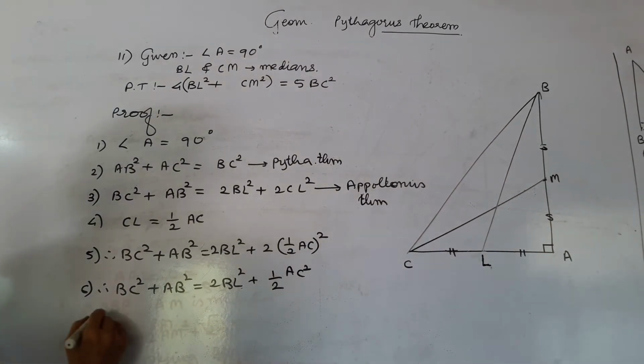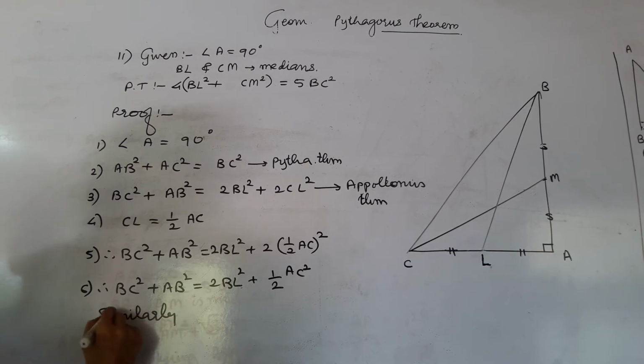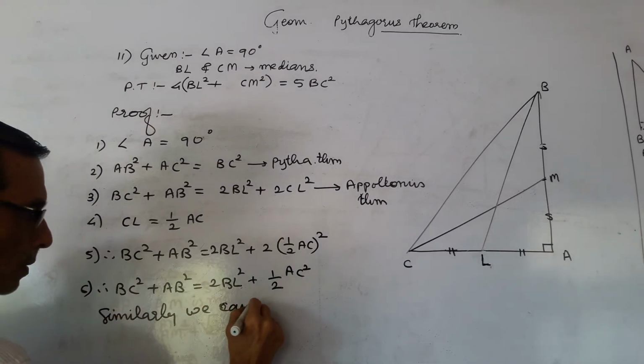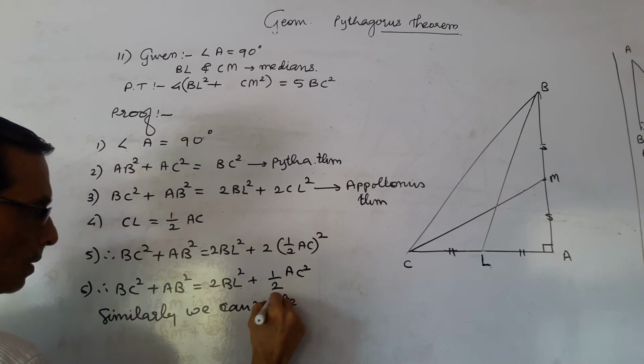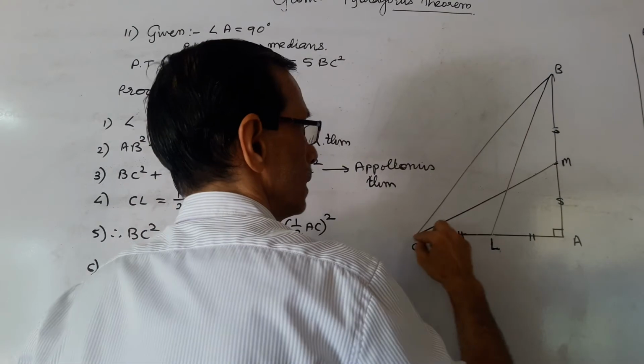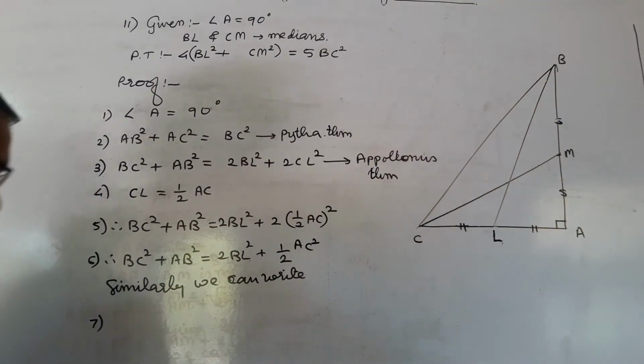Similarly, we can write for this triangle once again, CM as median.